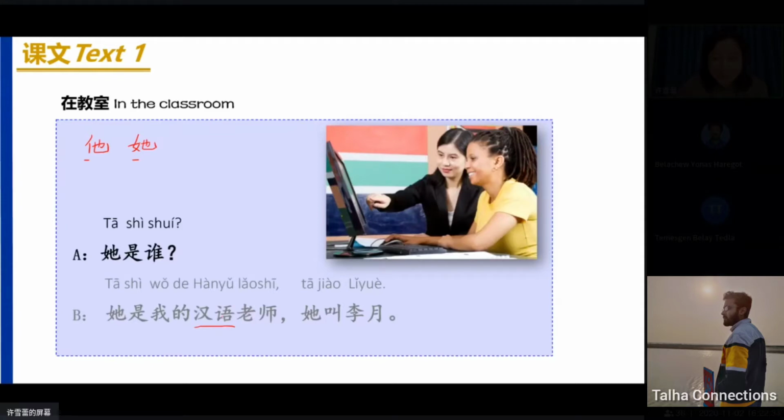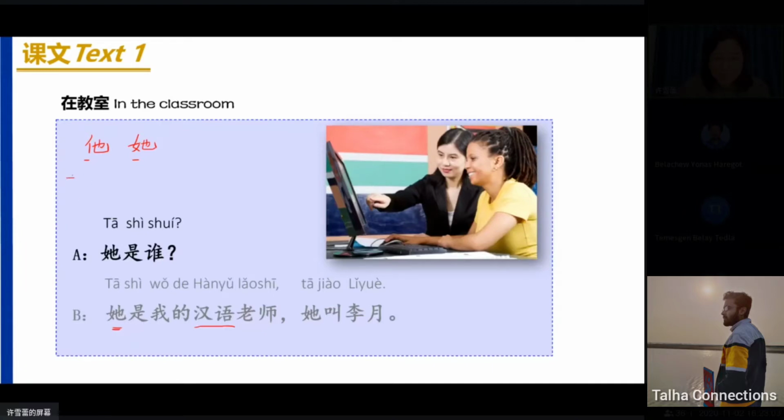Yeah, but you didn't pay attention to female 他, not the male 他。他叫李月，yes. Compare the character 他 you chose.